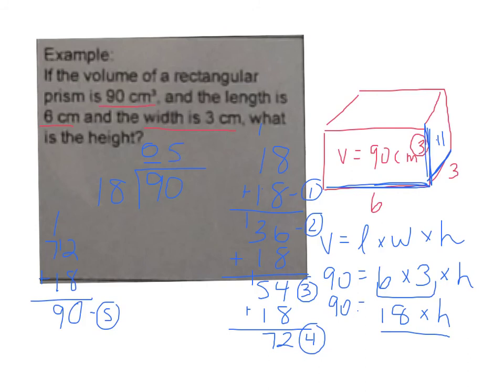We just saw that 18 times 5 is 90. Subtract 90 minus 90 is 0, and I have nothing left to bring down. So 90 divided by 18 equals 5. So using our fact family, I know that my height is equal to 5, and what is our units? 5 centimeters.